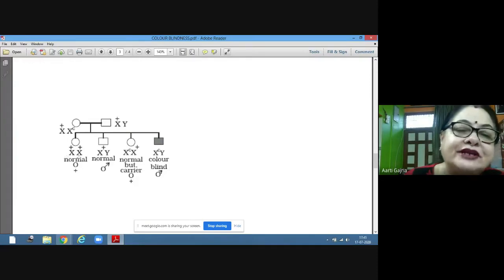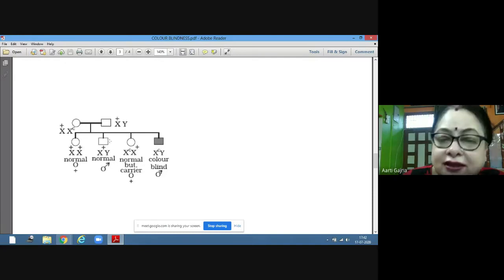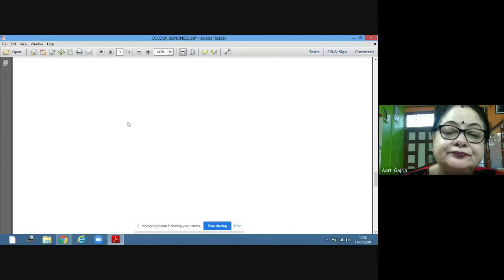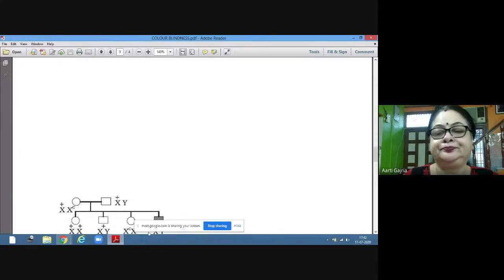So the probability is 25% each: normal daughters, carrier daughters, normal sons, and color blind sons. This is the case when the mother is a carrier and the father is normal. So this is about color blindness.